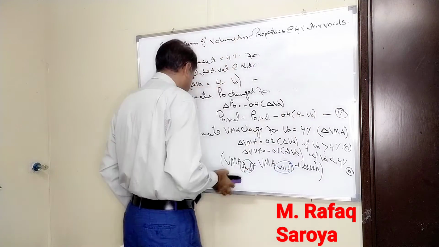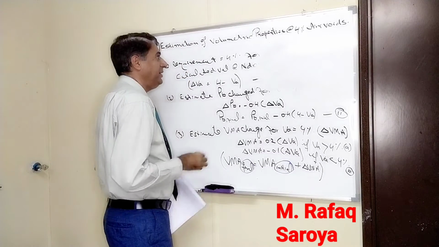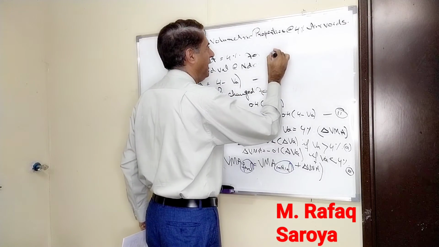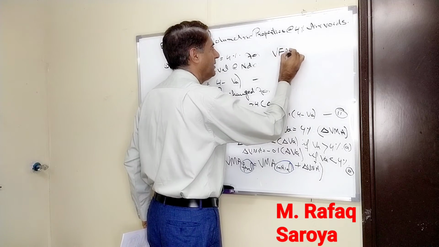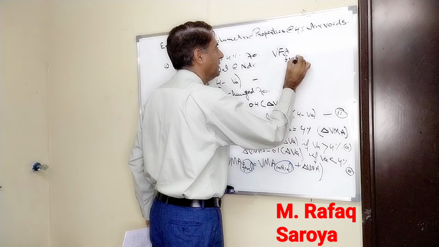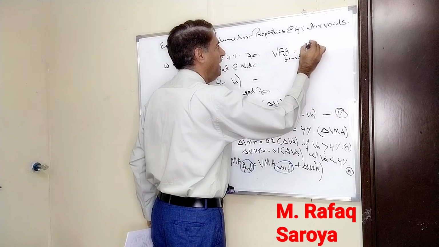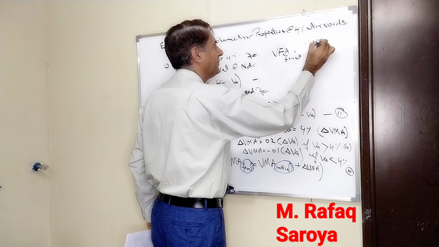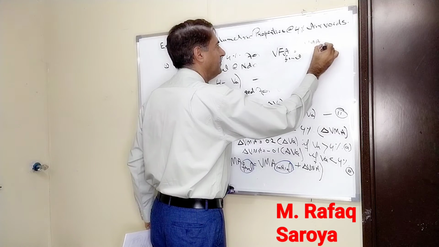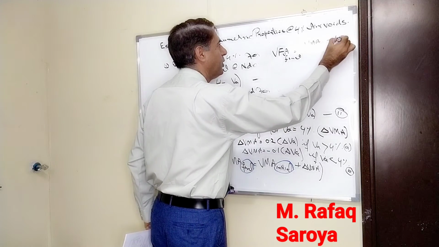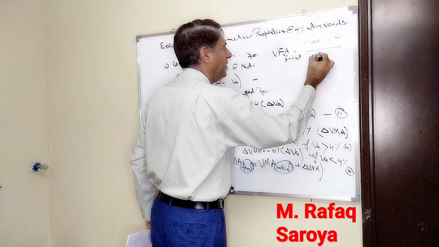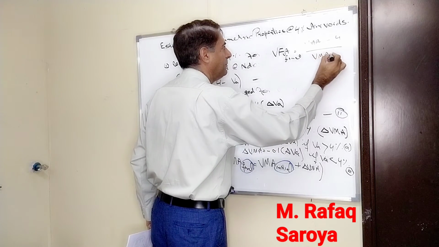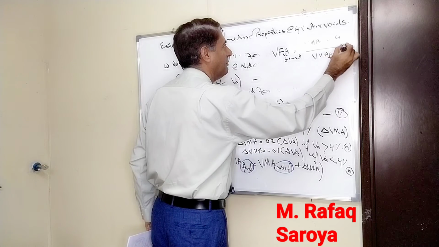VFA final, voids filled with asphalt final, would be equal to VMA final minus 4% air void, which is our requirement, divided by VMA final, multiplied by 100.